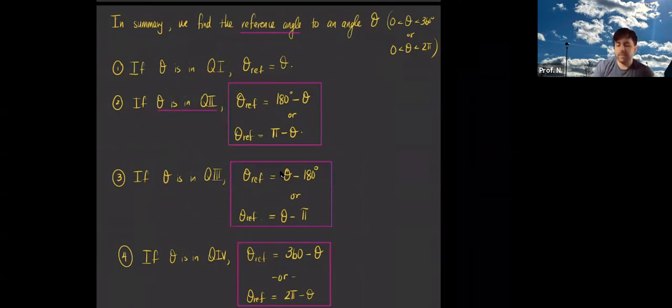And again, this idea of reference angle may not seem that interesting or that necessary now, but as we develop more of our repertoire and toolbox of trigonometry, reference angles become very important. So this is pretty much the foundation that trigonometry stands upon.